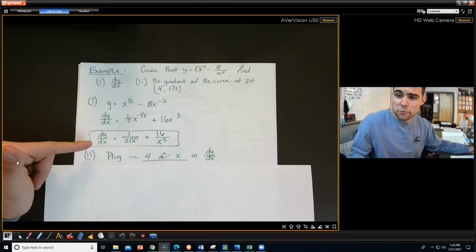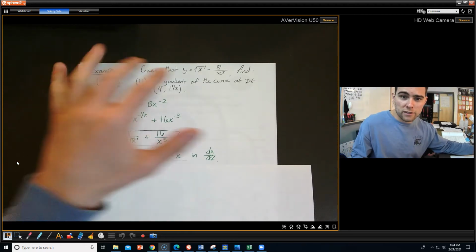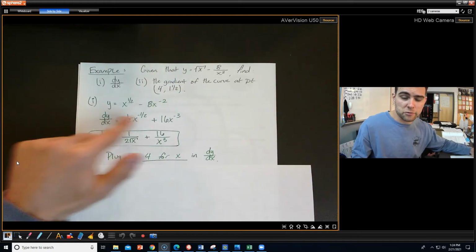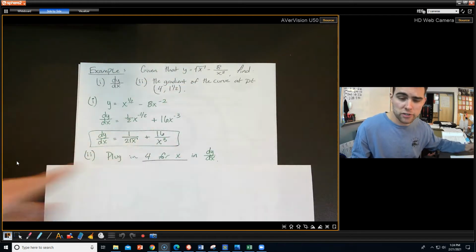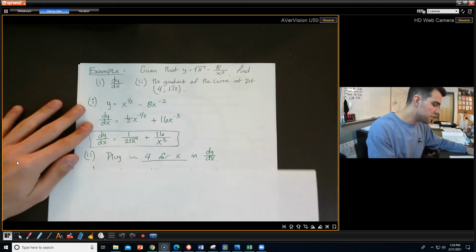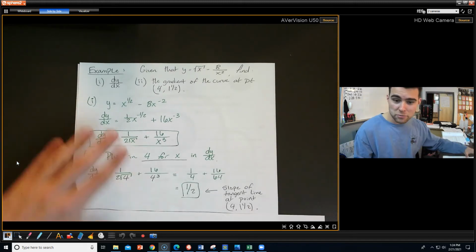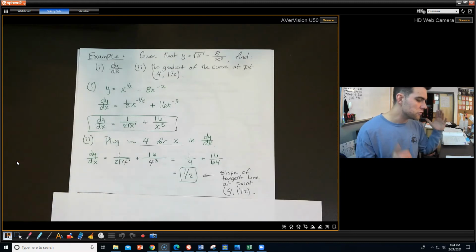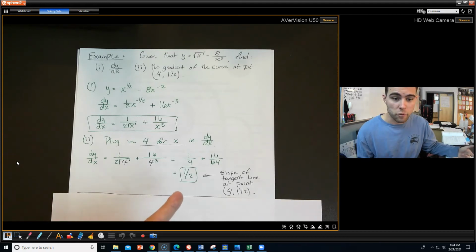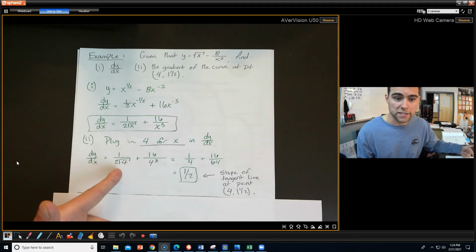It is the rate of change for this function right here, and it's just represented by this function right here now. So we're going to just plug in 4 for x, and basically we're going to do a little bit of algebra, a little bit of arithmetic, and we're going to find that the slope of the tangent line at point (4, 1.5) is actually just 1/2 when we plug 4 in for x right here, okay?